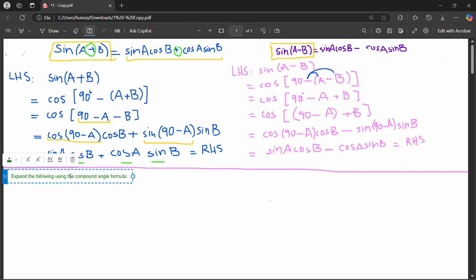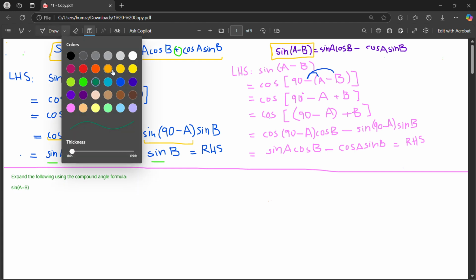So the first thing we are looking at is sin A plus B. Note, we have to identify the pattern first, and then we are going to go and solve for it.